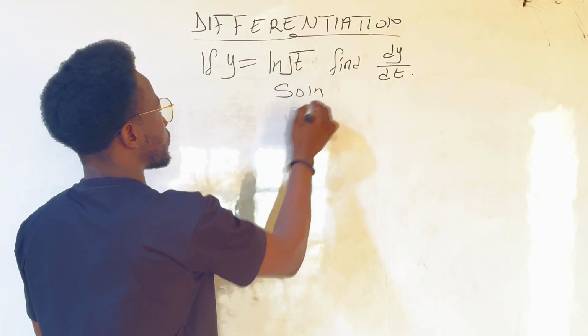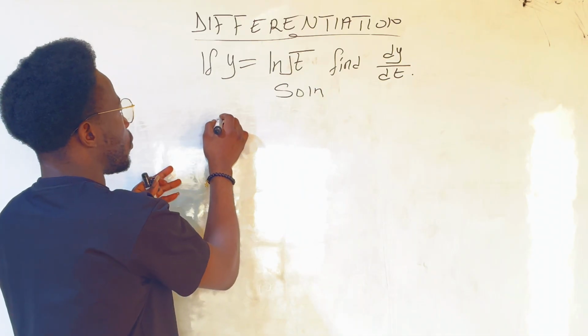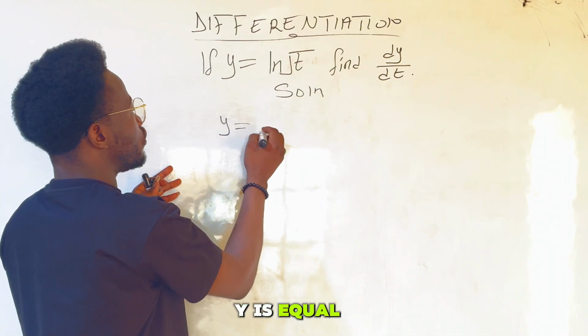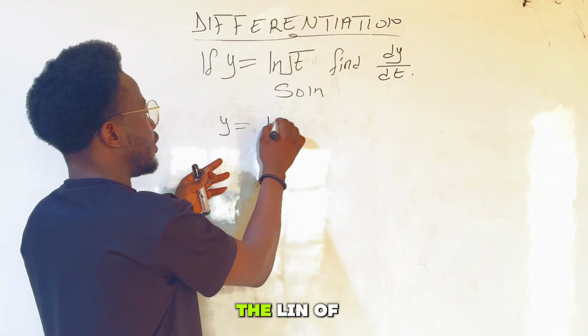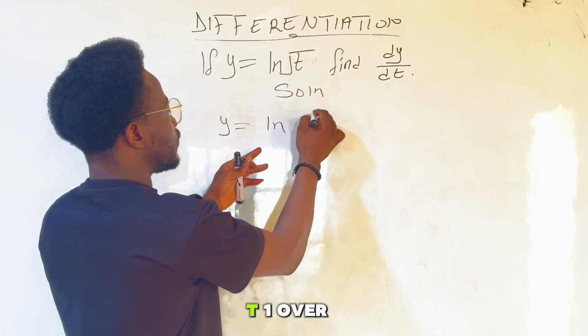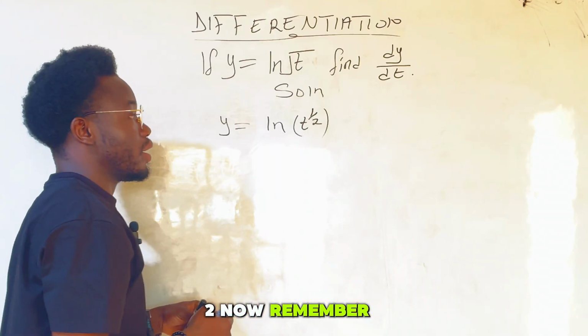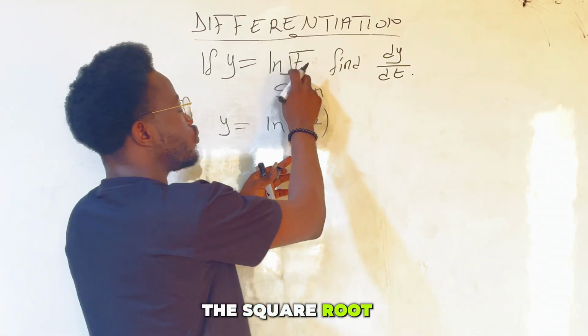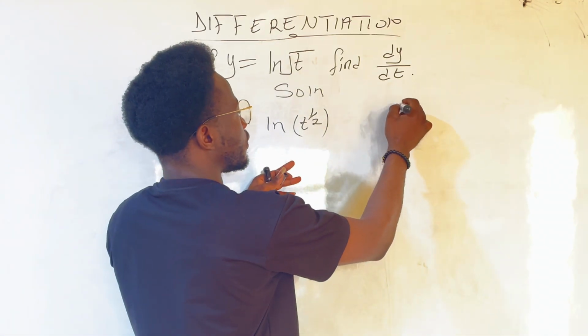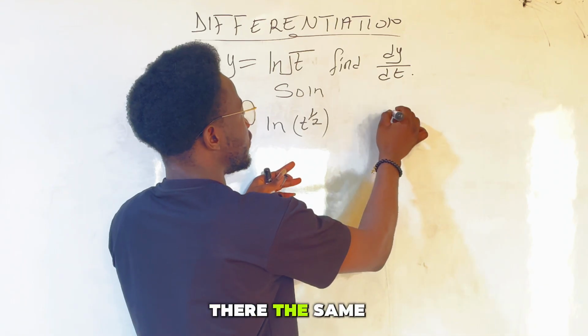Solution. y is equal to the ln of t^(1/2). Now remember, the square root here is the same as the exponent 1/2.